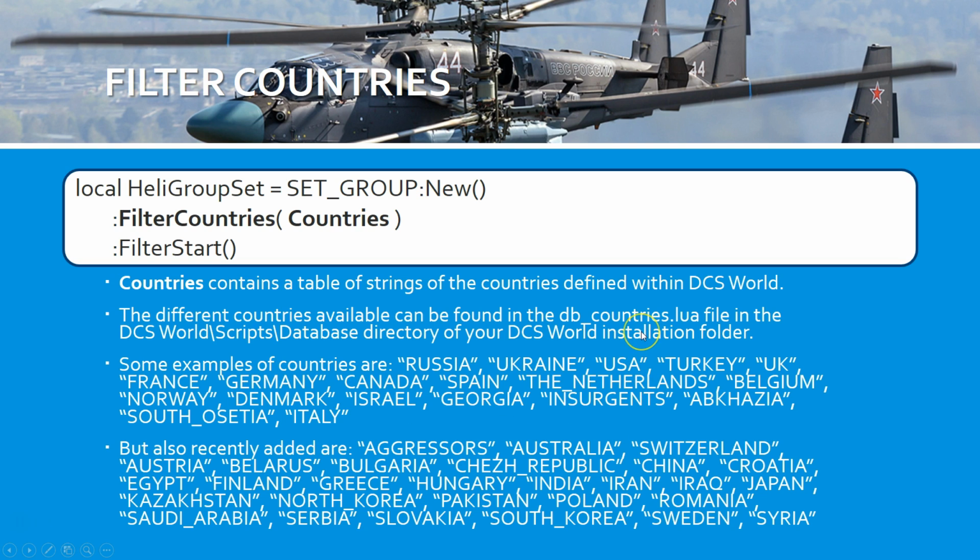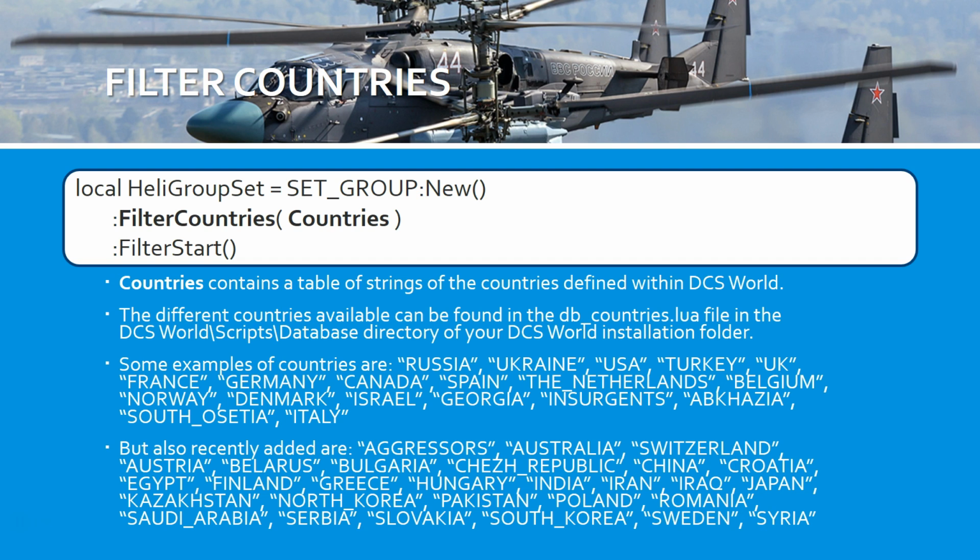And these are not properly documented, or at least I have not found a complete comprehensive list of all the countries, but there is a file dbcountries.lua which you can find in the DCS World Scripts database directory of your DCS World installation folder. If you look into this file, you will find all of the countries that are currently alive within the simulator. So I've just gone through the file and I've listed for you all the countries within this presentation.